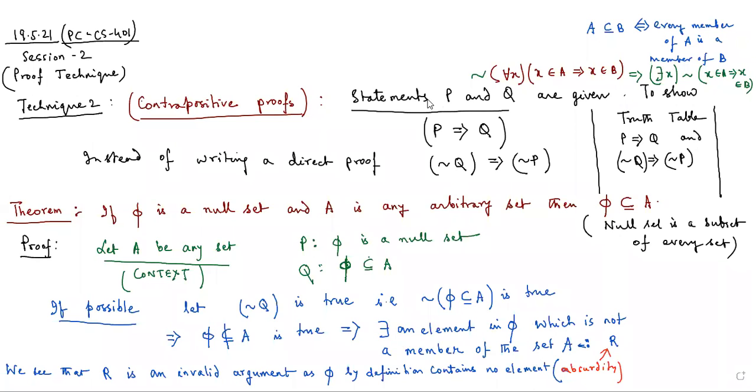This absurdity further implies that if I stick to it, phi is not a null set, and this implies not P. But the entire thing is absurd because it contradicts my assumption that phi is a null set.